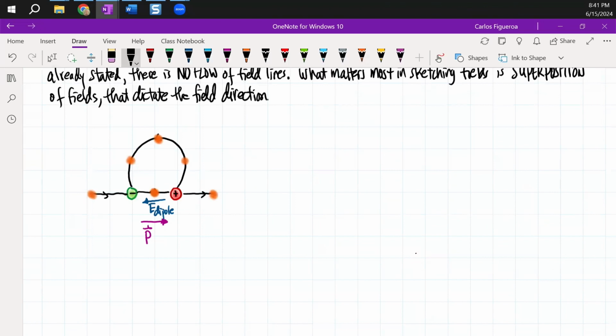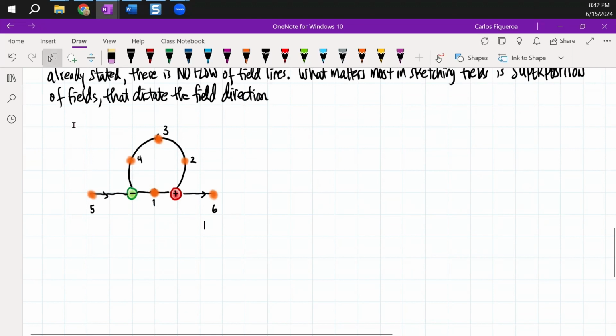So if I label these points, let's get rid of this stuff. I'm going to call this point again 1, 2, 3, 4, 5, and then I'll call this 6. So now what I want to do here is look at superposition. And superposition effectively tells us that we have vector addition.